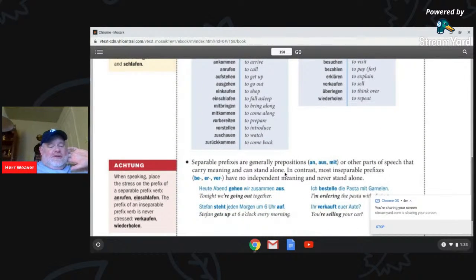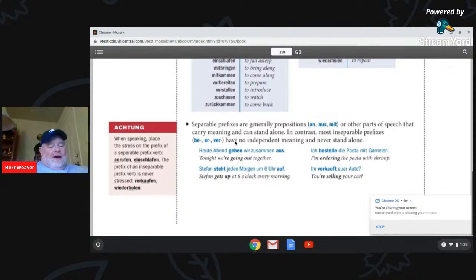Let's look at some other examples. "Heute Abend gehen wir zusammen aus." Tonight we're going together. "Gehen wir zusammen" would work fine, but ausgehen is to go out. So this evening we're going out together. The verb aufstehen is to get up in the morning.